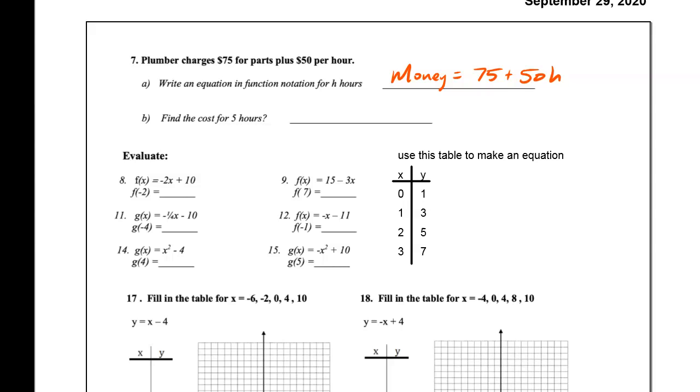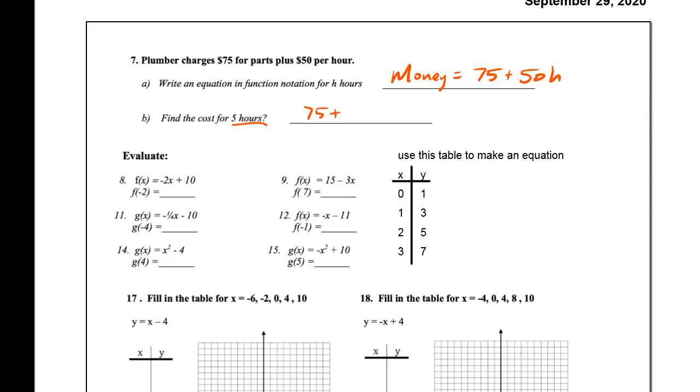Find the cost for 5 hours. So what would I do for that? You don't have to tell me the number, just what would I do? Divide both sides by 50. Yeah. Find the cost for 5 hours. So how about this?